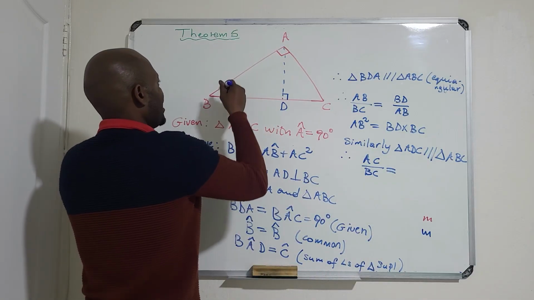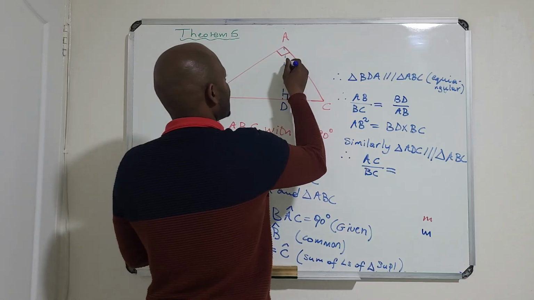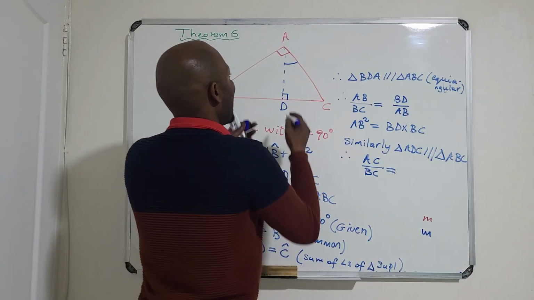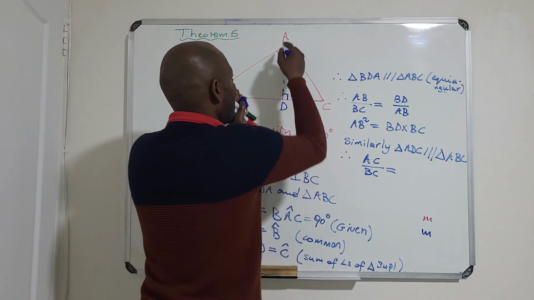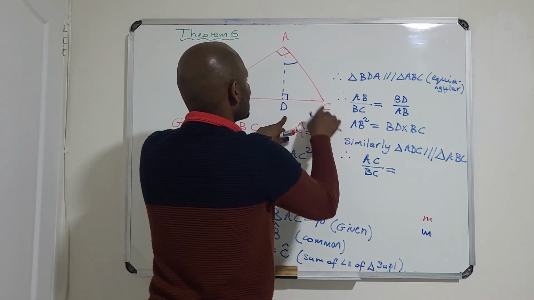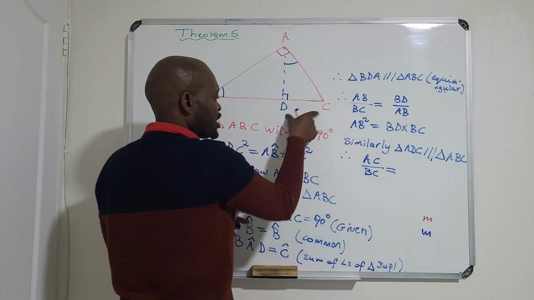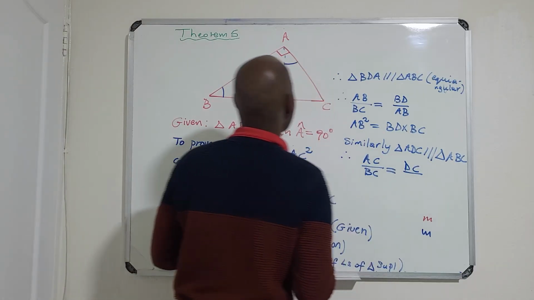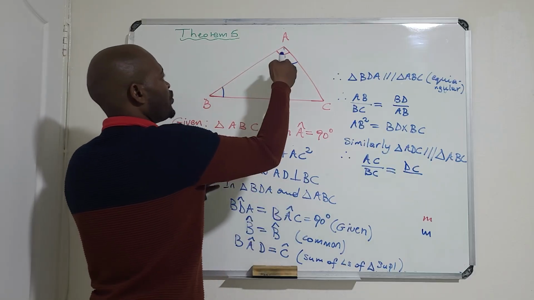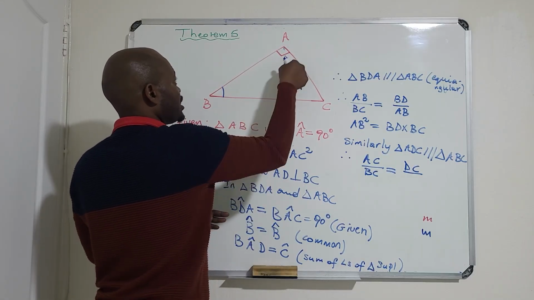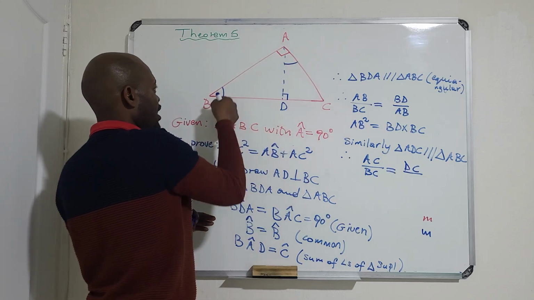Now, since this angle is equals to that angle there, then since I started on this triangle, I still need to start on this triangle. So I take this side, DC, over. So this side is opposite this angle, and this angle is equals to this angle there.